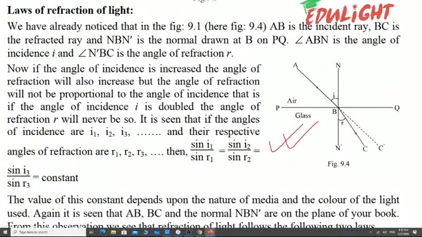That means you will not understand why refraction happens and how light refracts from one medium to another, either from denser to rarer or rarer to denser, or from any medium to another medium.